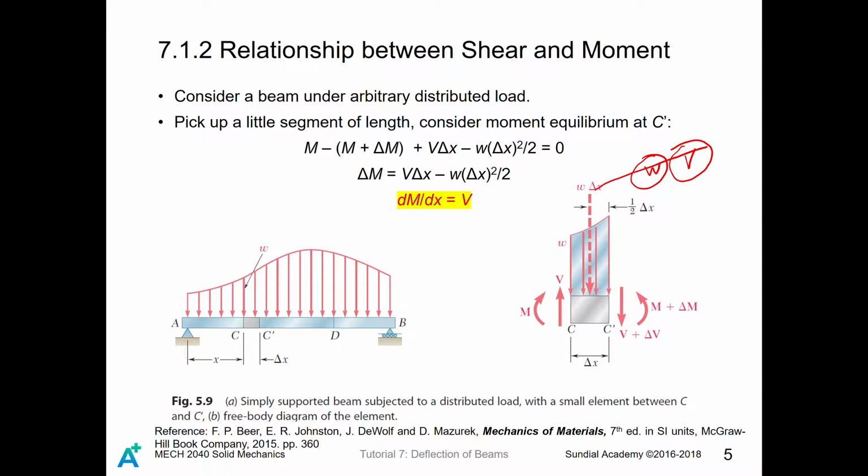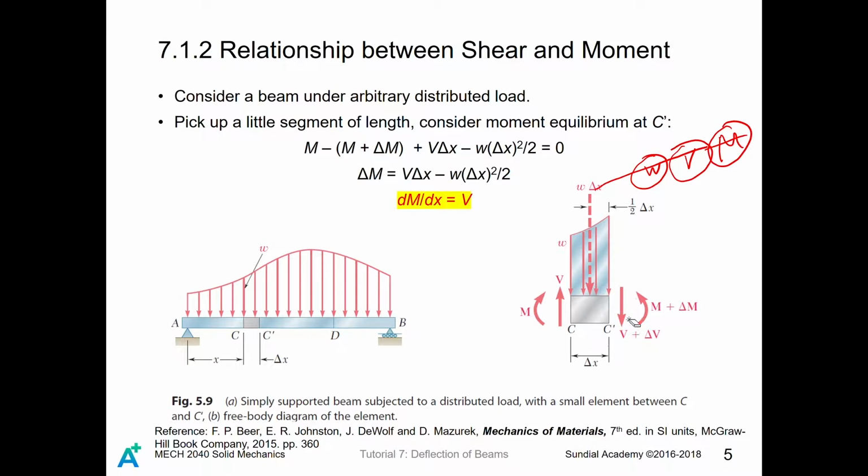Then we will connect the moment as well. So moment and shear will be connected in this derivation. Consider a beam, still the same beam, the same element, but instead of considering the force equilibrium, we consider the moment equilibrium at some point. To simplify the computation, we take the moment equilibrium at point C prime.